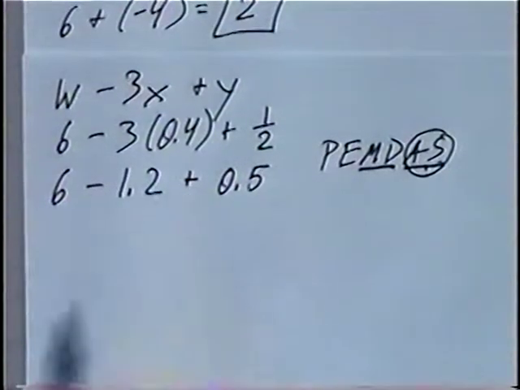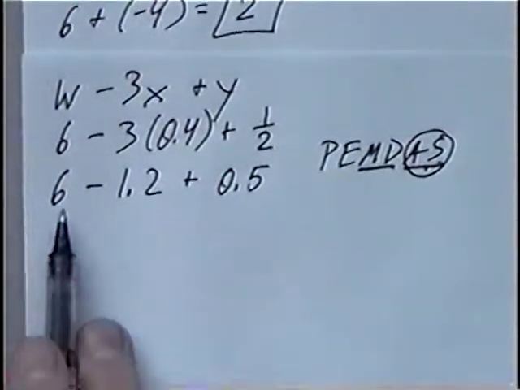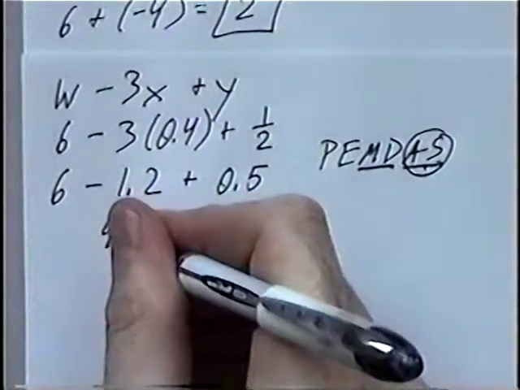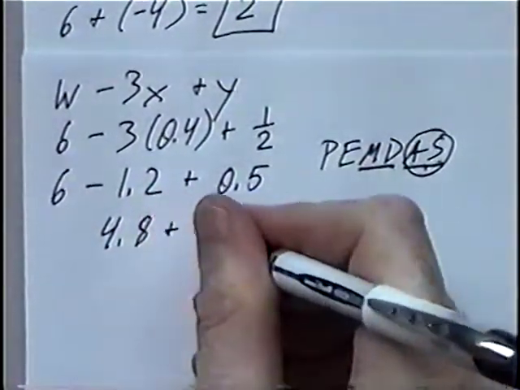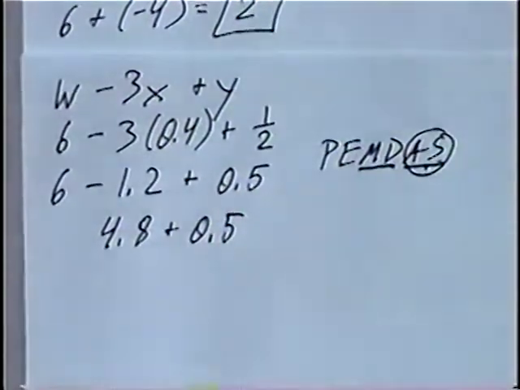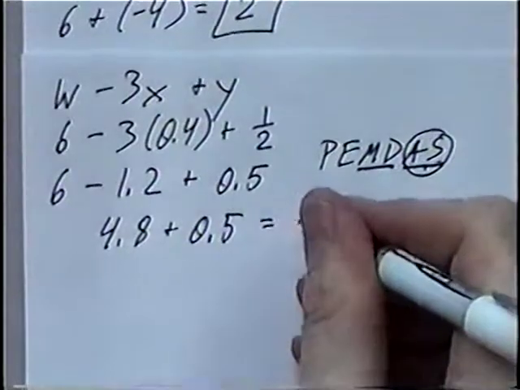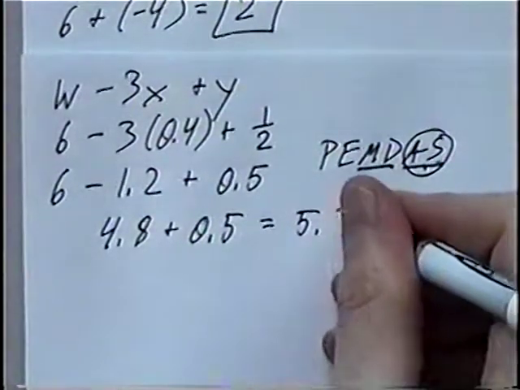So we'll subtract first and then add. 6 minus 1.2 would be 4.8, and plus 0.5. Adding those together will give you the answer of 5.3.